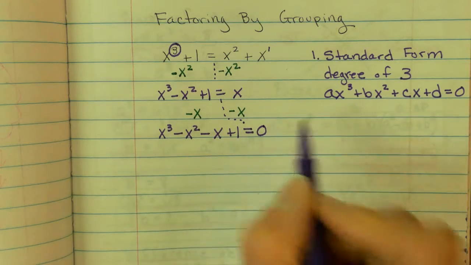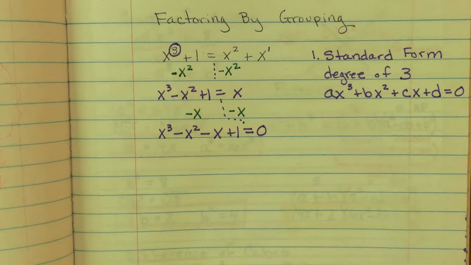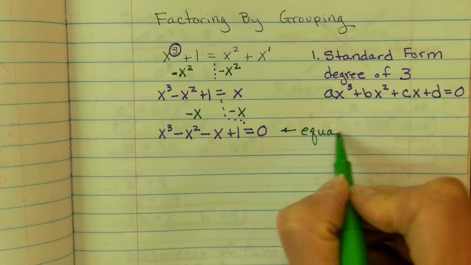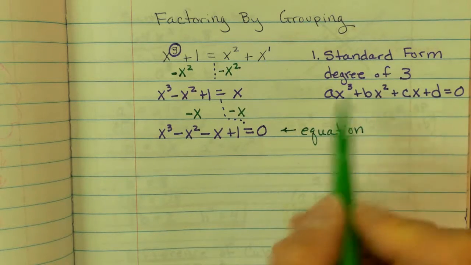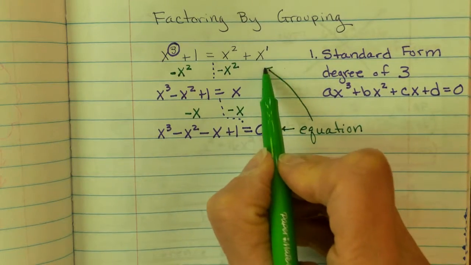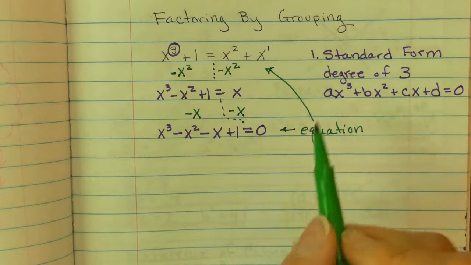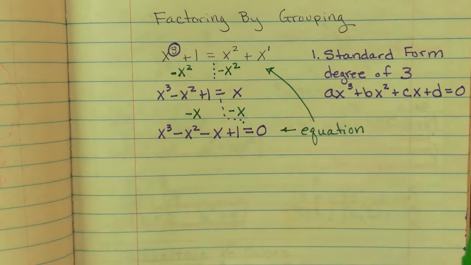Right now, notice that I have an equation. So if I have an equation, I have to keep my equation. Right now I'm simply factoring, and we'll talk about solving later, but right now I just want to factor. So let's look at what we have.